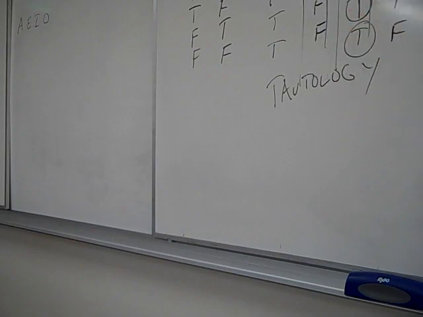AEIO statements will not be tautologies or contradictories. They're always contingent, because in order for an AEIO statement to be true or false, we have to see whether it's right or not.